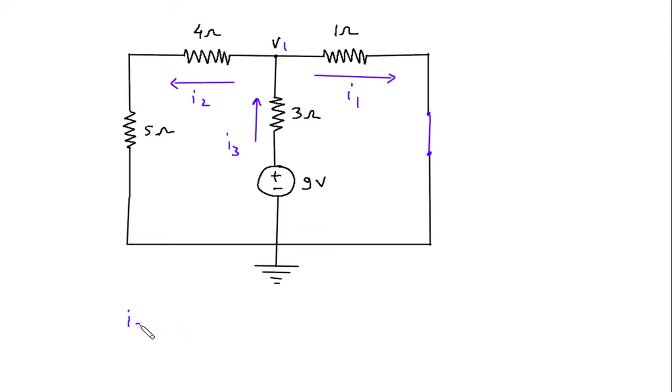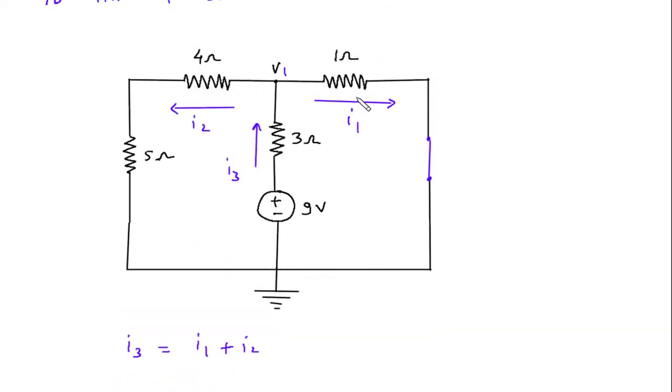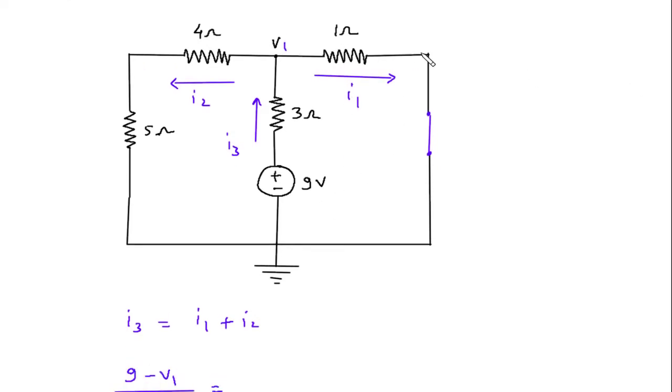I3 is equal to I1 plus I2. Now I3 is equal to (9 minus V1) by 3, and I1 is equal to (V1 minus 0) by 1, so directly I1 is equal to V1.